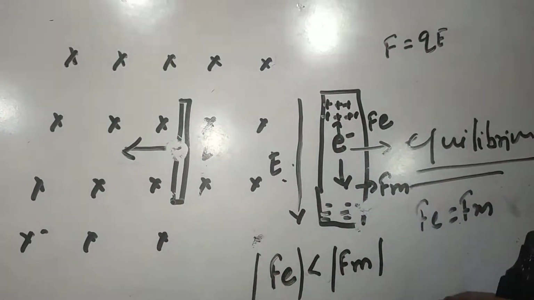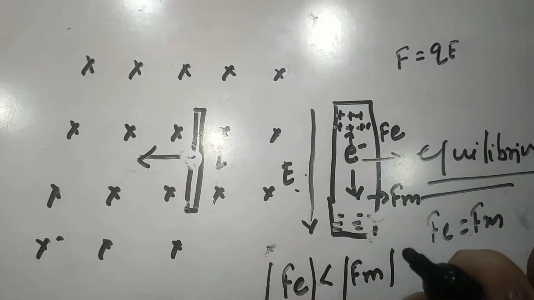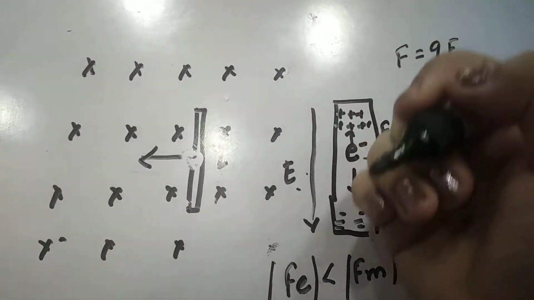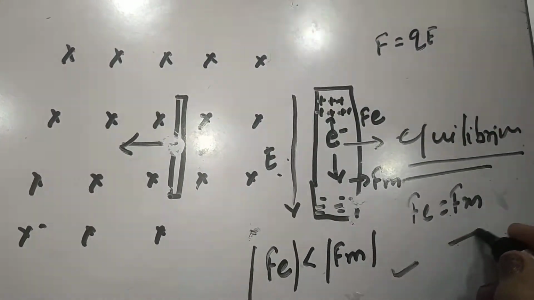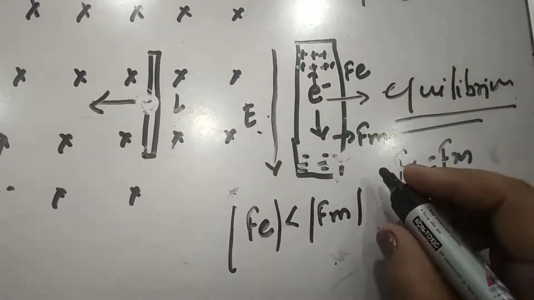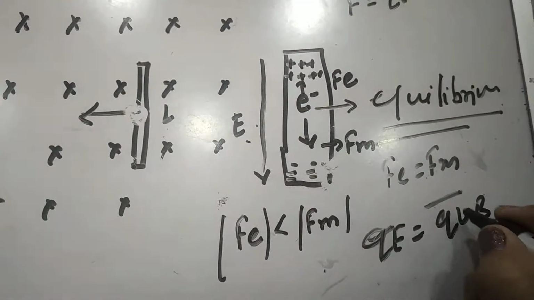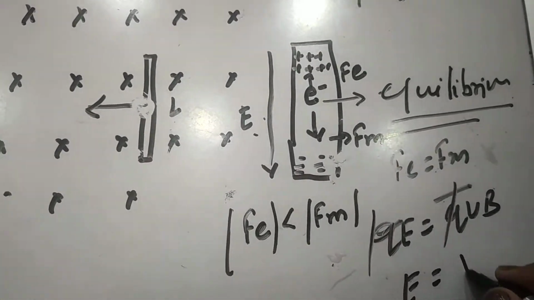The magnetic force is pulling it downward while the electric force is pulling it upward. Since the forces are equal and opposite, the electron is in equilibrium. So Fe is given by QE and Fm is given by QVB. In that case E is equal to VB.